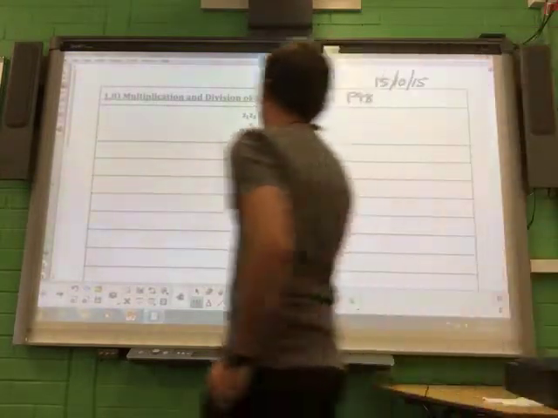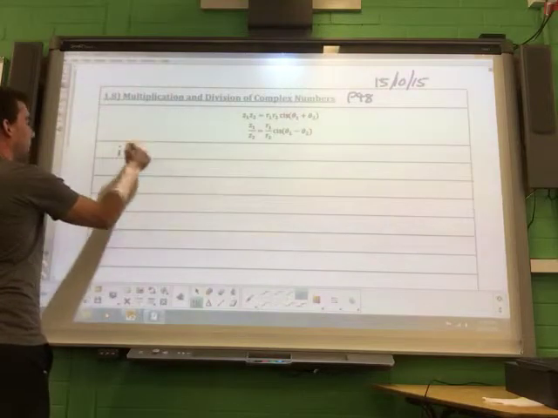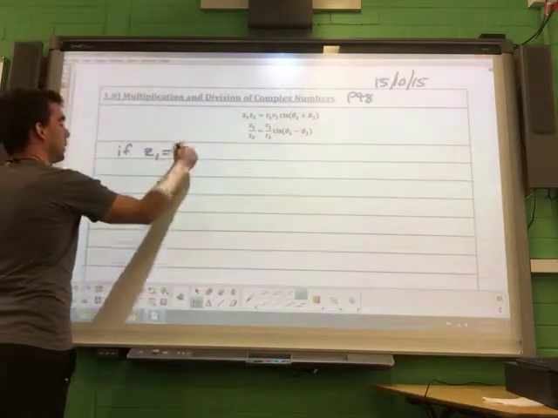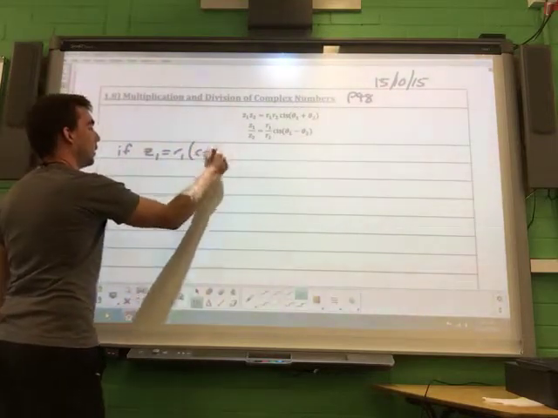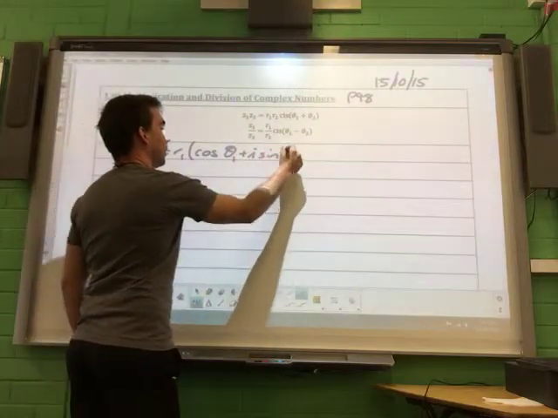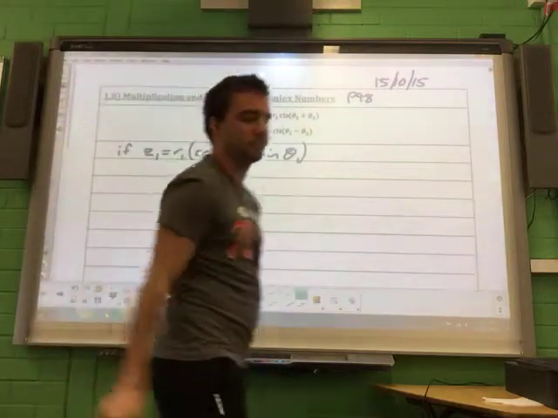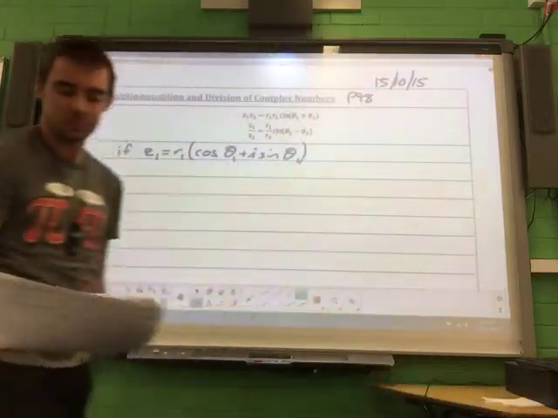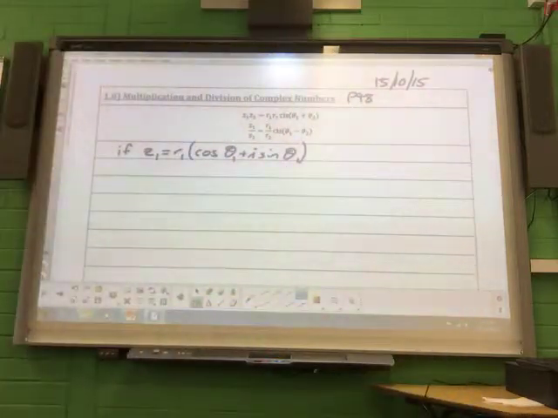Okay, so if z1 is r1 (cos theta 1 plus i sine theta 1), we're just going to get to that point where we're seeing how it works.